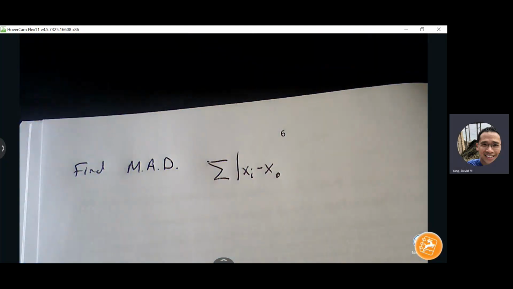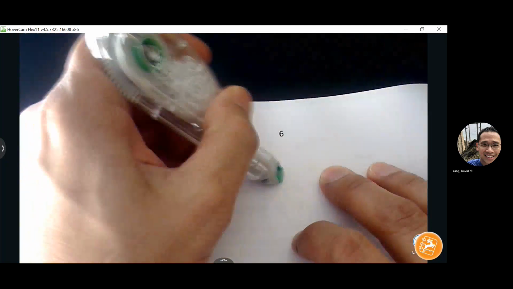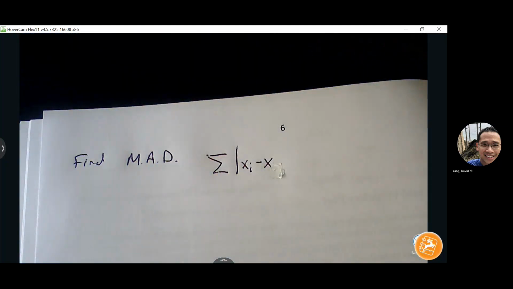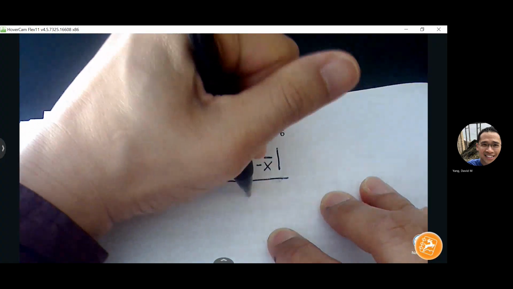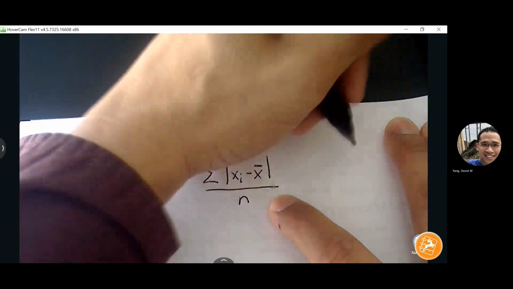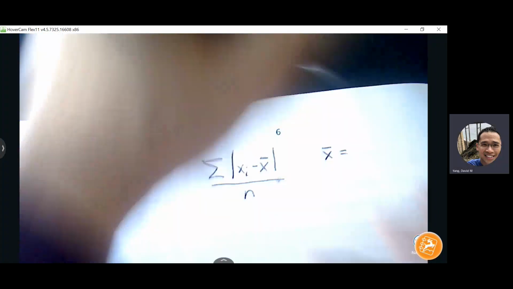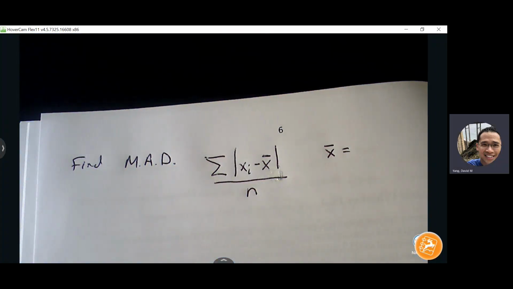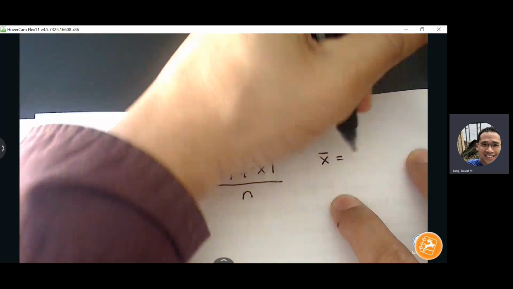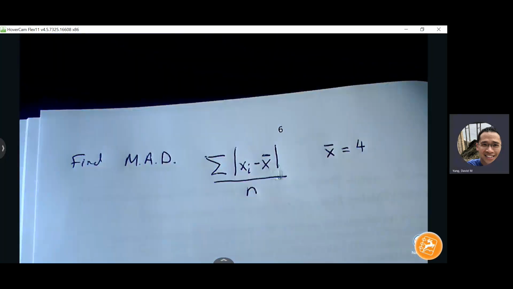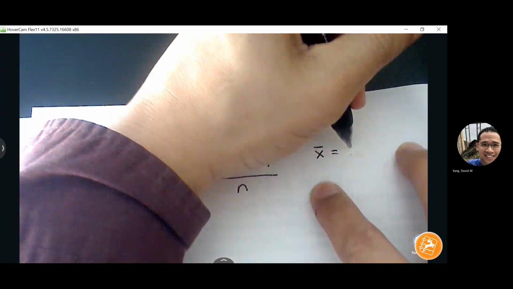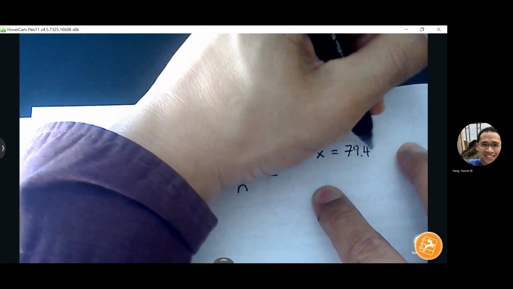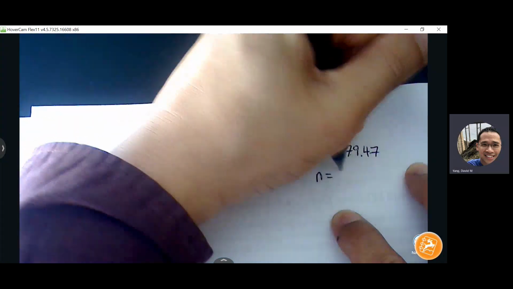All right, X bar. Okay, we know what the mean is. We're still using the same data from before. So our mean is 79.47. And then we're still dealing with 15 terms.